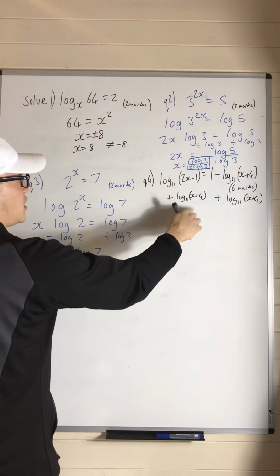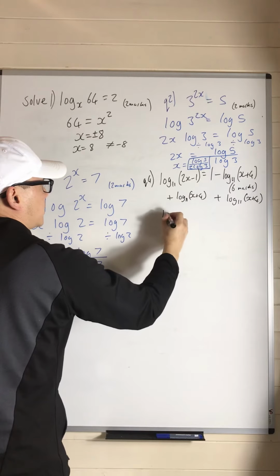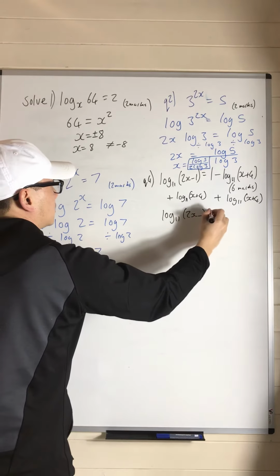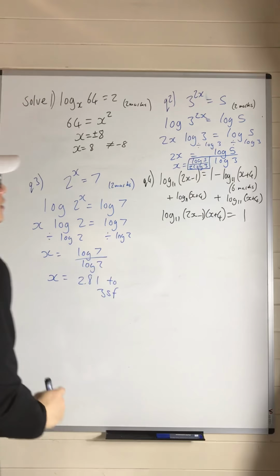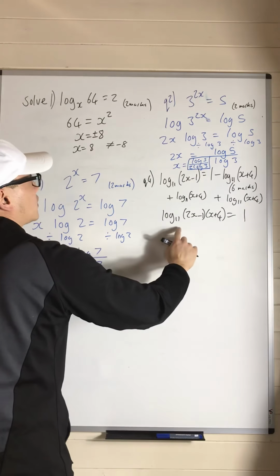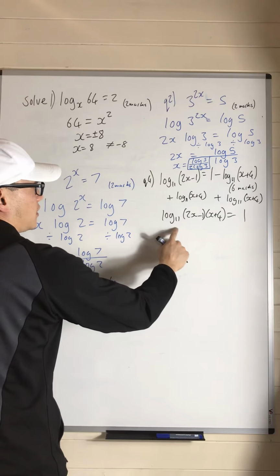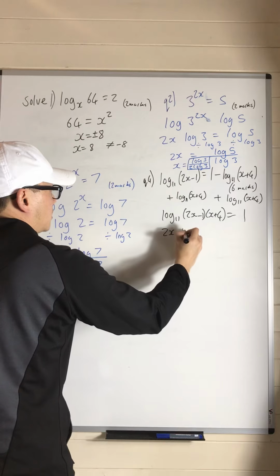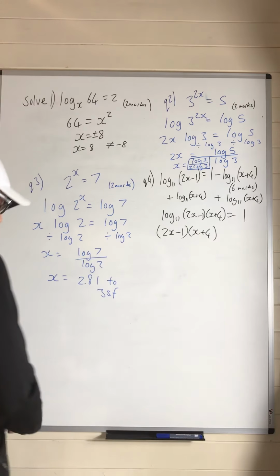Now remember, when you plus logs, the multiplication law is that you can combine them. Hopefully you remember that. Now this is a key point, that's why you need to remember how to use inverse logs. If you inverse log both sides, you'll get 2x to the minus 1. Luckily this is already factorised for you, so this is quite a nice 6 marker.